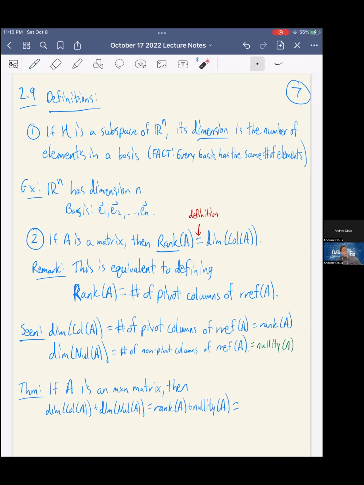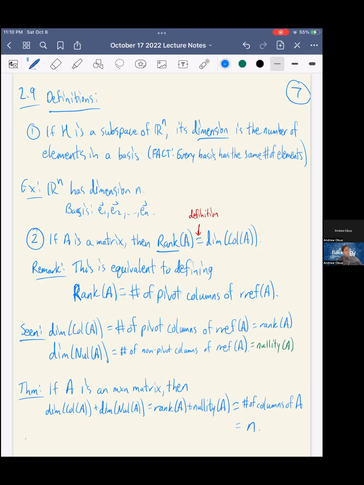One of them is the number of pivot columns of the row-reduced echelon form of A. The other one is the number of non-pivot columns. So when you add them together, you just get all the columns, right? You have the pivots and the non-pivots, so that's everything. So it's just equal to the number of columns of A, which, since A is an m by n matrix, is the same thing as n. So the dimension of the column space plus the dimension of the null space equals n.